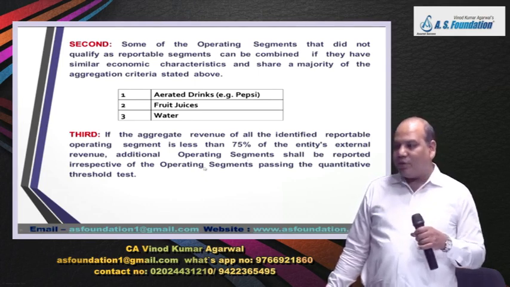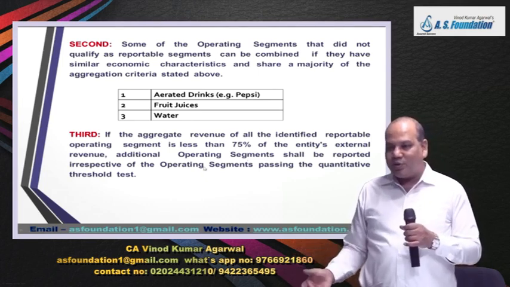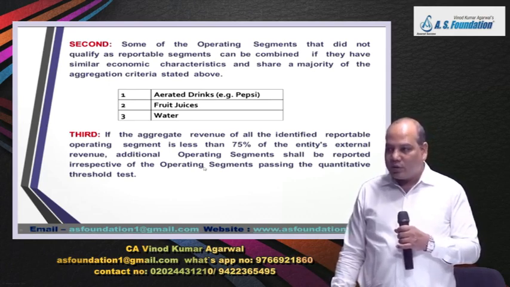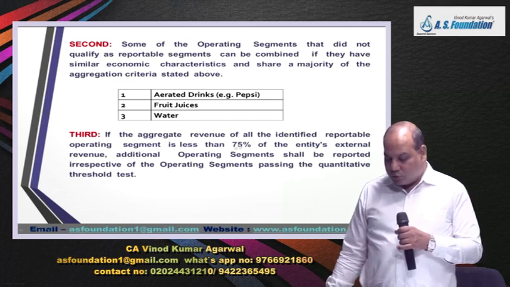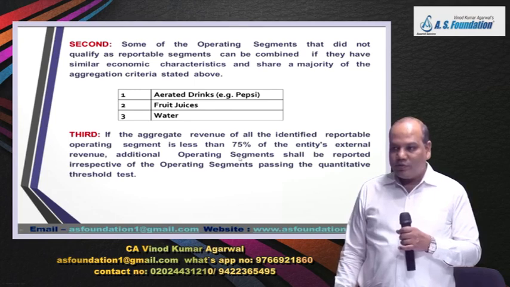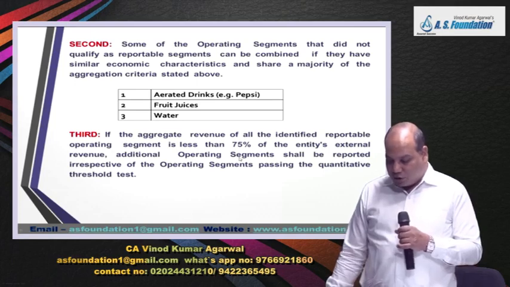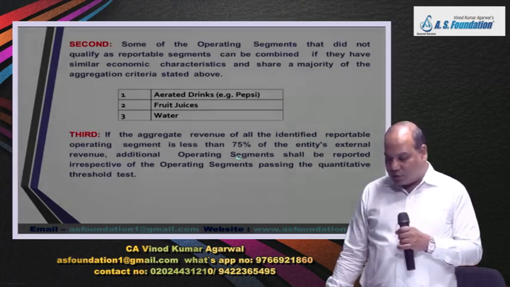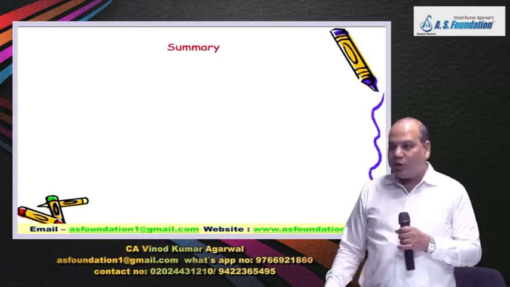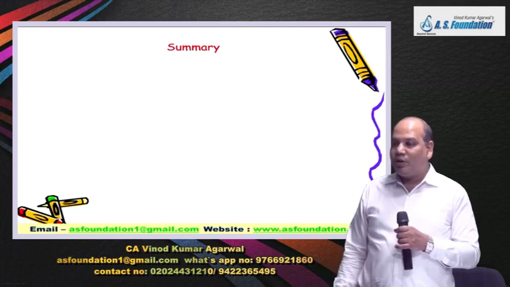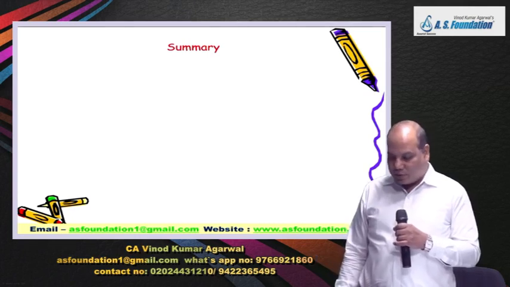Otherwise, it may happen that you are only reporting those segments which are making inter-segment sales. So you have to add more and more segments till we reach 75% external sales of the reportable segments. In this case, you may have to add more segments till you reach 75%, and those additional segments you have added may not meet any of the 10% requirements.